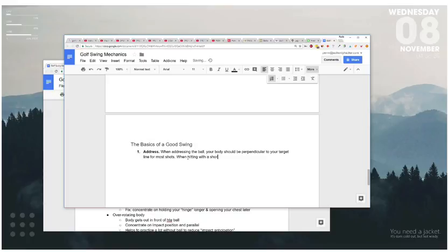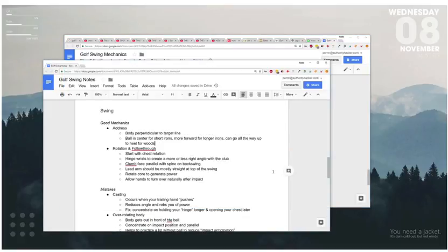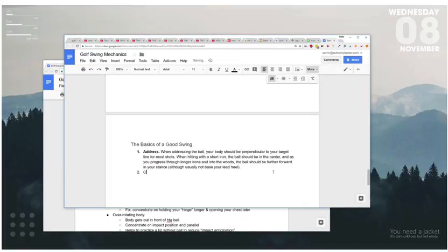When hitting with a short iron, the ball should be in the center, and as you progress through longer irons and into the woods, the ball should move further forward in your stance, although usually not past your lead heel. 2. Chest rotation.